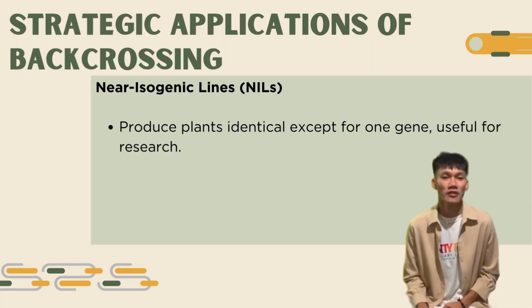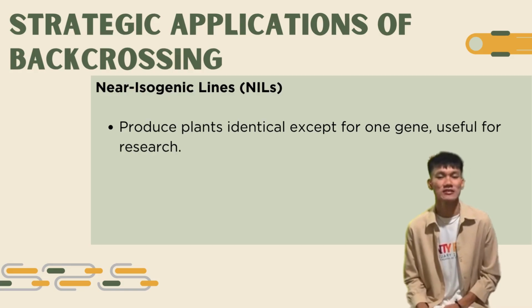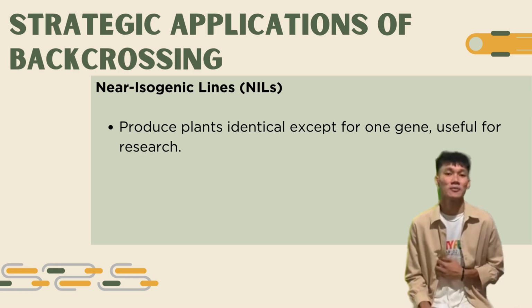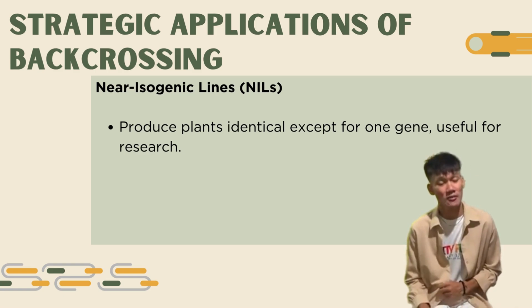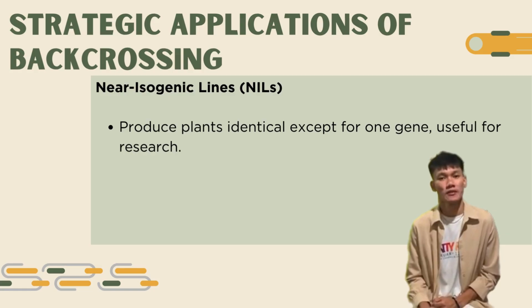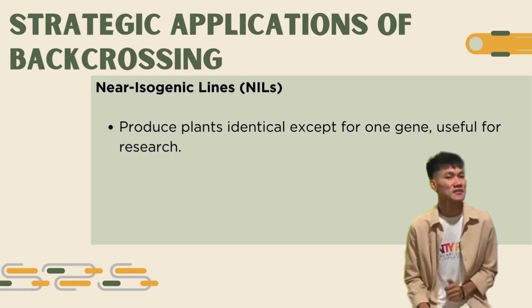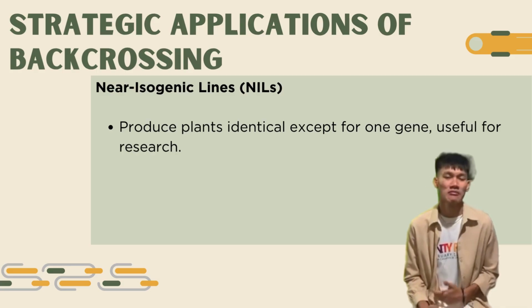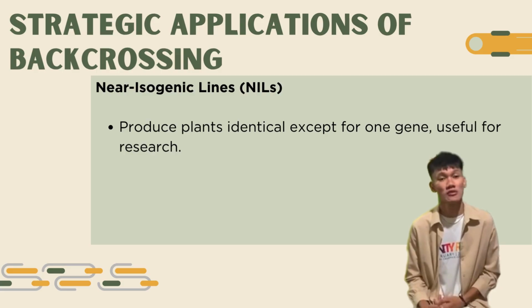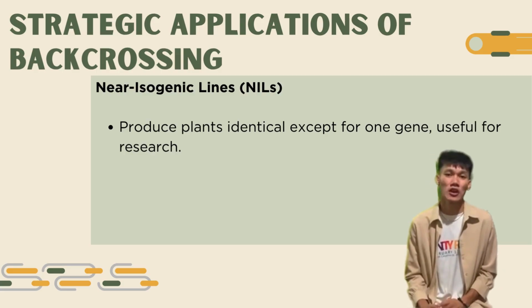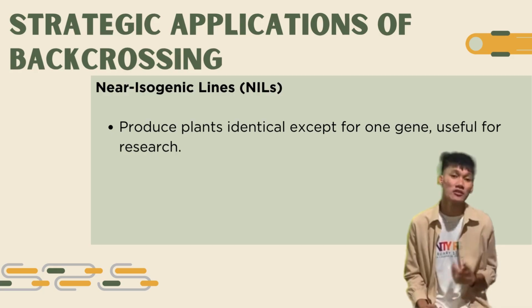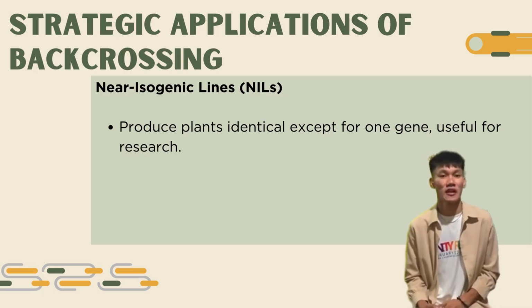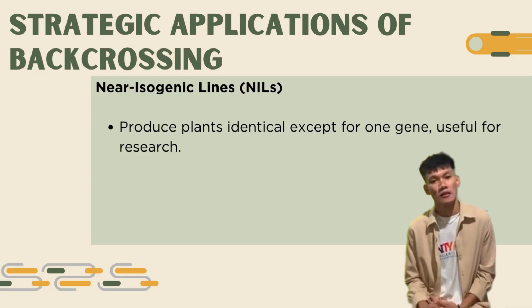So let's move forward with the fourth one, the near isogenic lines or the NILs. Near isogenic lines are plants that are almost identical genetically except for one specific gene or small region of the genome. They are created through repeated backcrossing to transfer a particular gene from a donor into an established variety while keeping the rest of the genetic background the same.